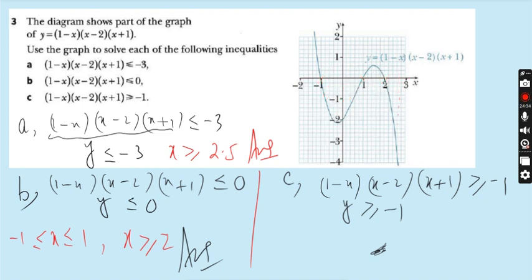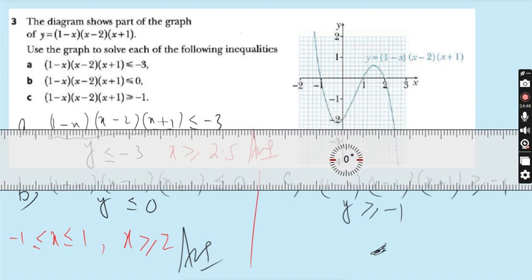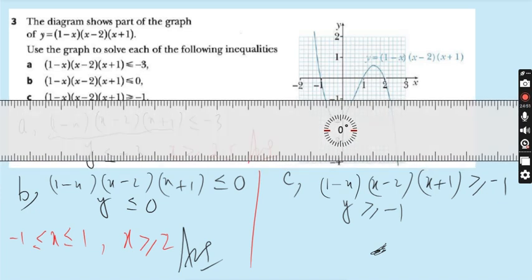Yes, sometimes it happens. Okay, so we have to draw the line which is y equals minus 1. Take the scale, draw the line which is y equals minus 1. Here we go.